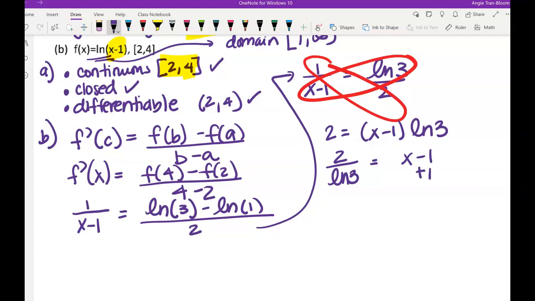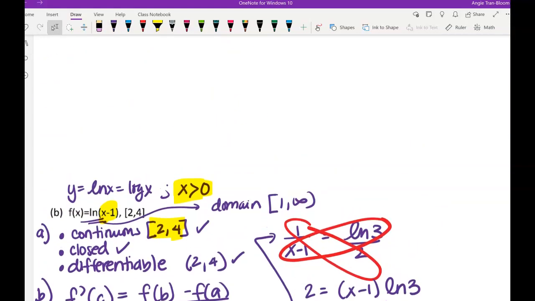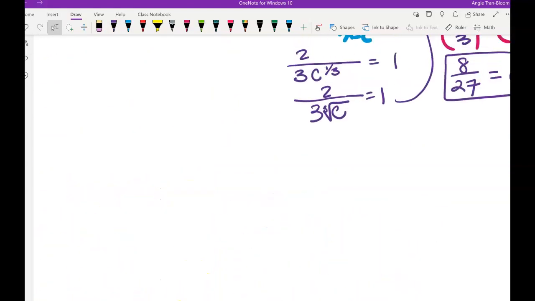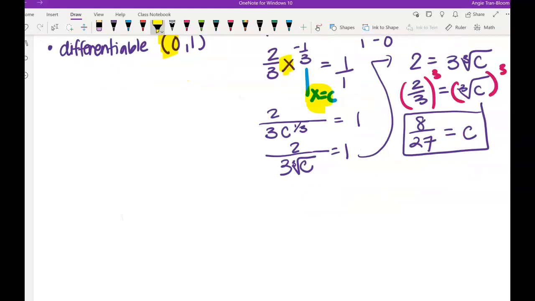Lastly, we are going to add 1 to both sides. Okay, so x is going to come out to be not a very nice number, but that doesn't really matter. We can leave it in natural log format. So that's what we have for x. Now, x is the same as c. As you can see earlier, I substituted x with c, but in theory, you don't really have to.